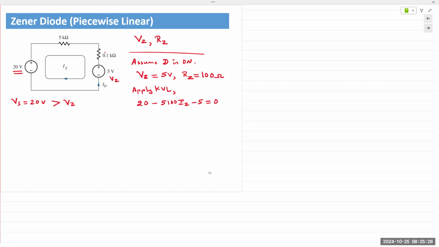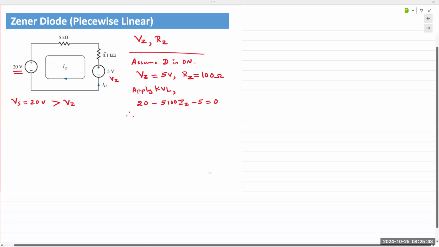Right? 20 volts being supplied, everything else being consumed inside. And so 20 minus 5,100 IZ minus 5 is equal to 0. And we solve for IZ, and IZ comes to be 20 minus 5 divided by 5,100.